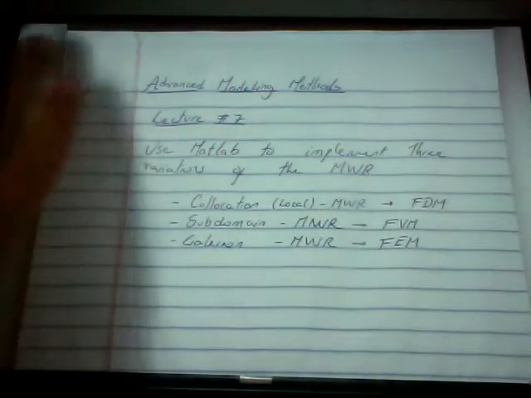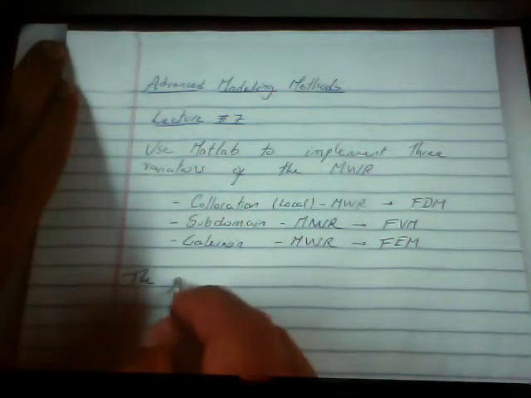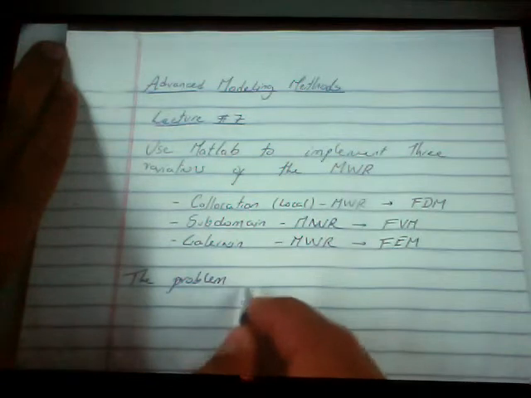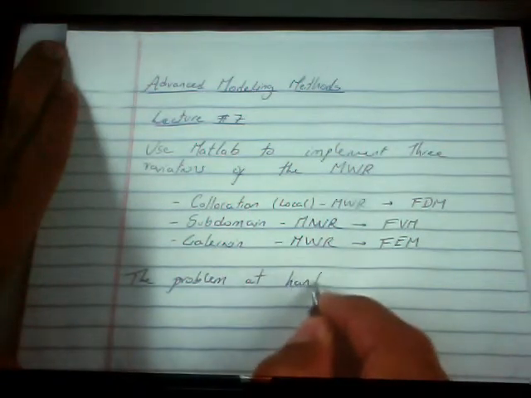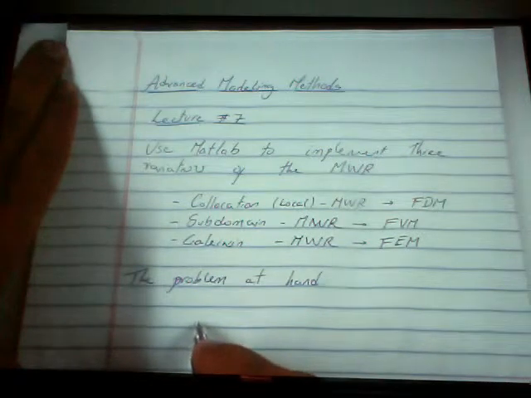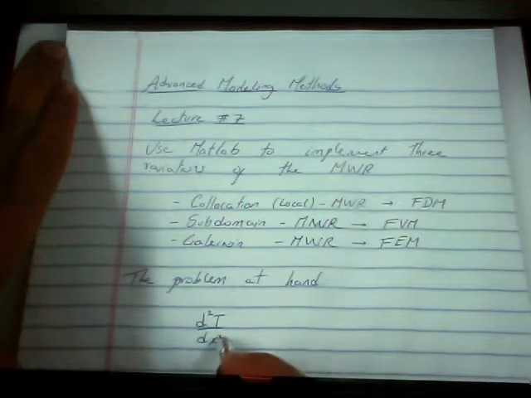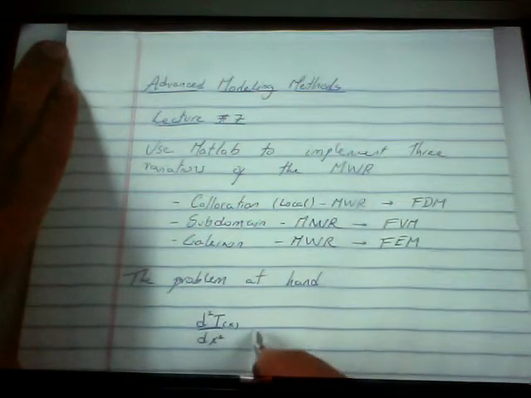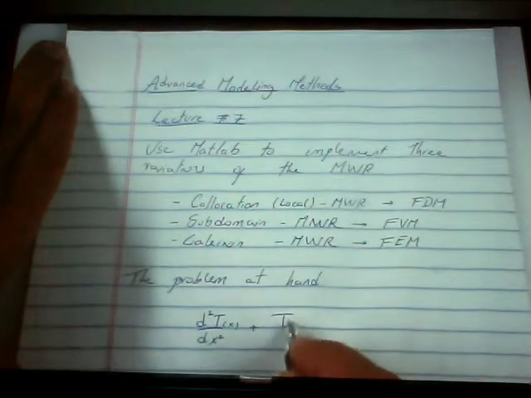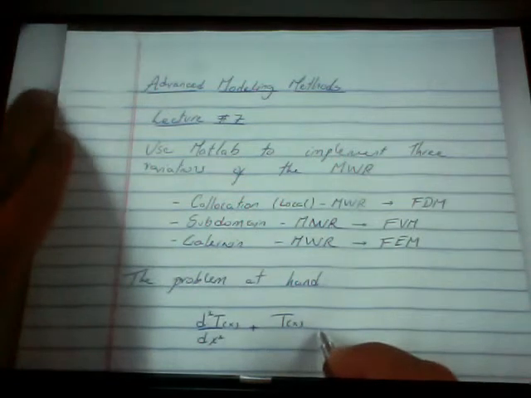So the problem at hand is the heat conduction problem, and we're dealing with this equation. You have the diffusion term. You have T of x, which can be either a convection term or part of the generation term. Really doesn't matter, it's just part of the equation.